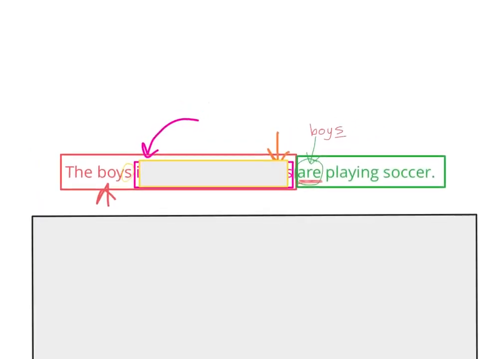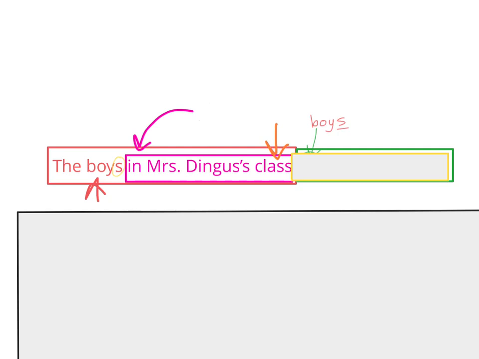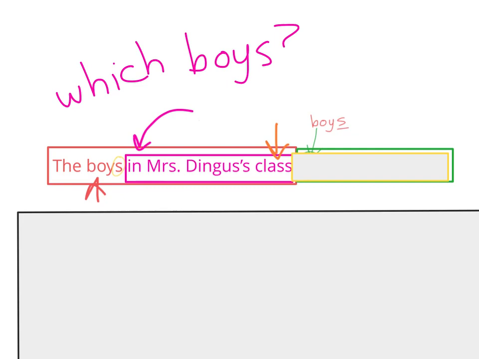The reason we have this prepositional phrase in the sentence is because we want to know which boys we are talking about. We're answering the question, which ones? Which boys? All the boys in the school? All the boys in Taiwan? Which boys are the ones that are playing soccer?